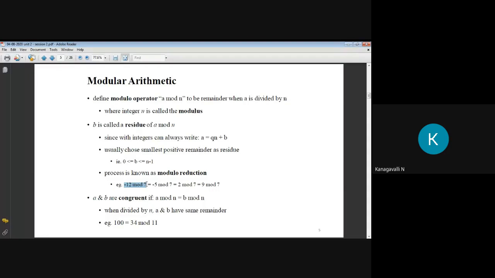At first, take the division part of 12 mod 7. Within 12, how many times does 7 occur? Only one time. What is the remainder? 5. Leave the negative sign aside. The answer for 12 mod 7 is 5.